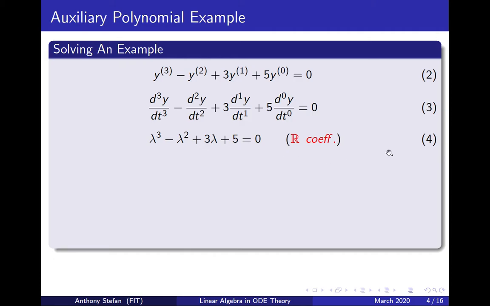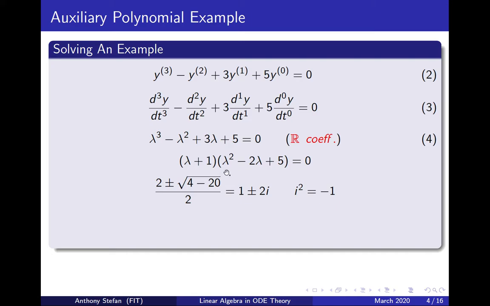When we try to solve for the zeros, our lambdas, I guessed that I could factor out a lambda plus 1 and used polynomial division to find this polynomial here. Immediately we can see that lambda equal to -1 would be a zero because it would make this whole equation equal to 0, so that would satisfy it.